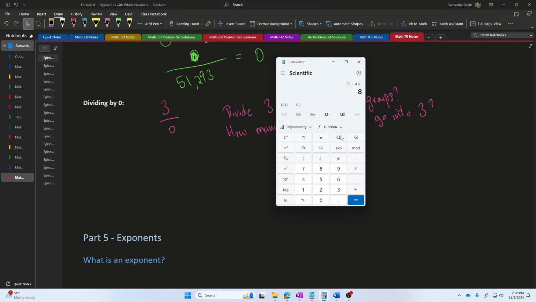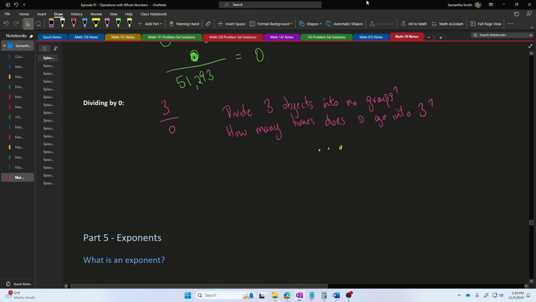If you try and put this into a calculator, 3 divided by 0, you're going to get an error message. Cannot divide by 0. And this is actually the correct answer. It is not possible to divide by 0. It doesn't make any sense to do that.